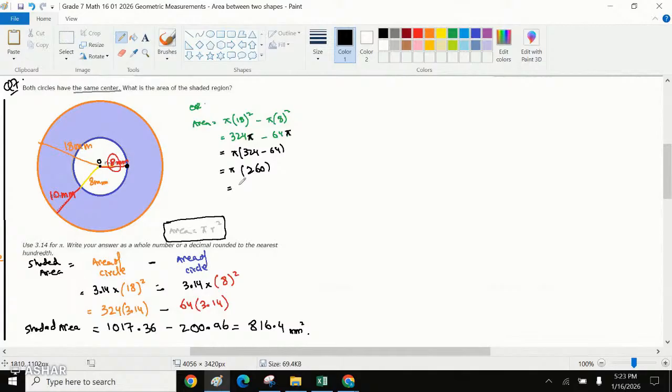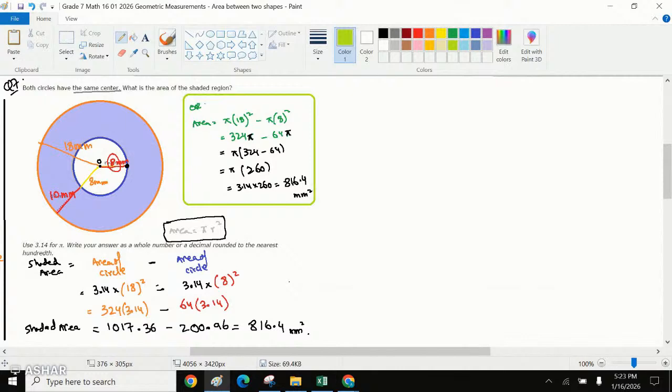Now what we can do is 3.14 multiplied by 260, and the final answer would come out to be the same, 816.4, and we write millimeters squared. Either we can take a common and simplify, or we simply multiply them together, and we move ahead with the question.